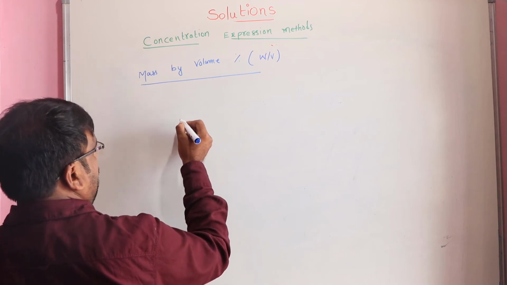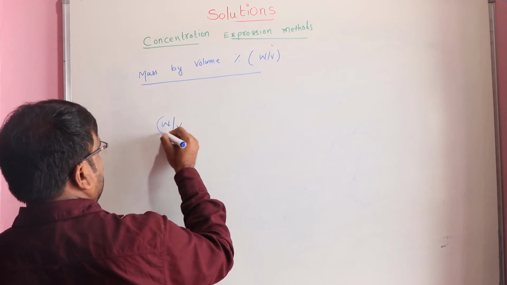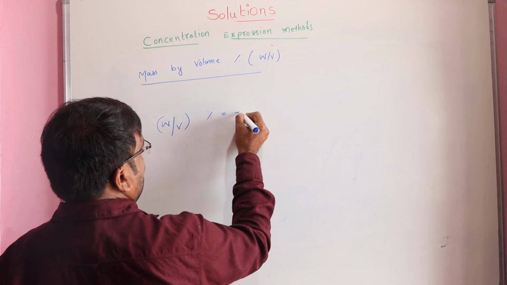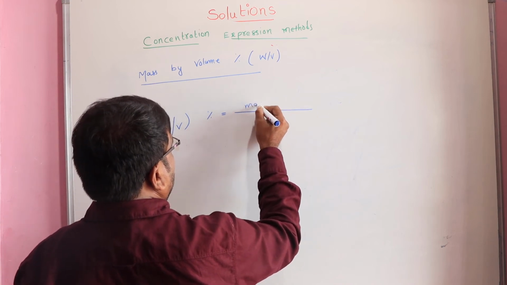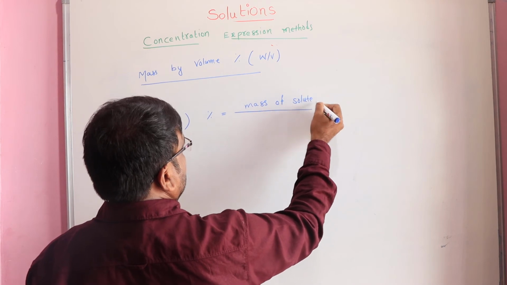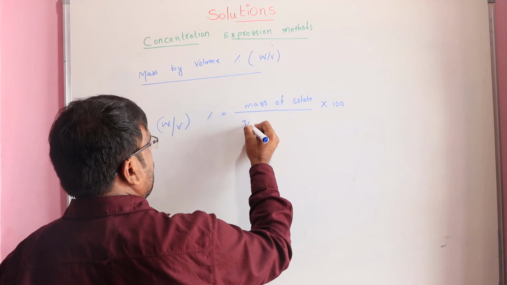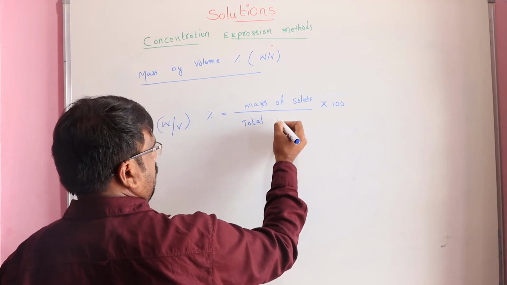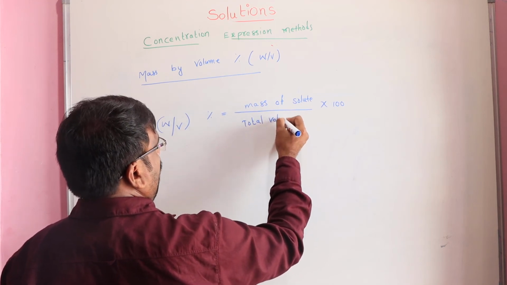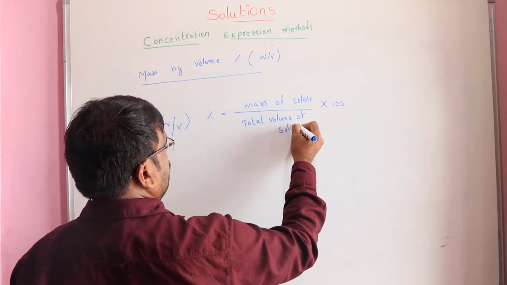Here what we can write, W by V percentage is equal to mass of solute into 100 divided by total volume of solution.